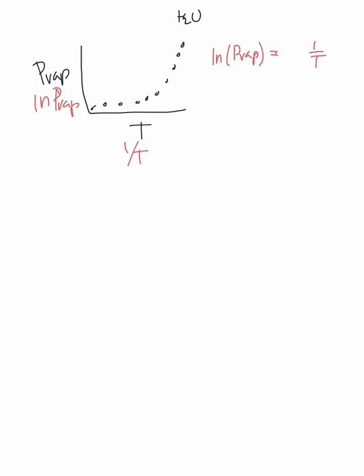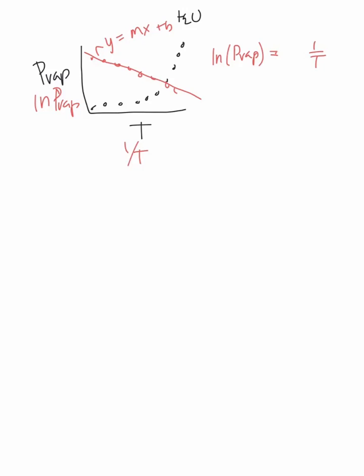If we graph the natural log of the pressure against 1 over the temperature at those same temperatures and pressures, our data becomes linearized, and we can fit it with the form y equals mx plus b, where y is the natural log of the vapor pressure and x is 1 over T.